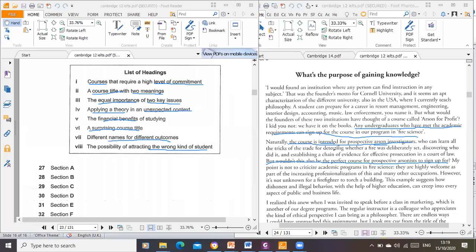You understand? But this one is saying it might be a perfect course for people who might use it for criminal activity. That's what I'm thinking now. So you can see from here, I'm able to link it to which one now? Yeah, the possibility of attracting the wrong student.